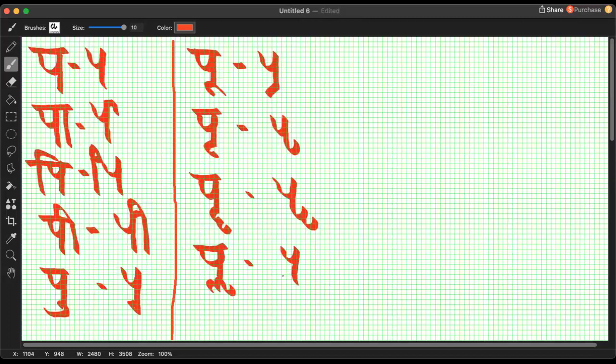One, you add this with the Sharda alphabet at the bottom, or you can also write it like this. This is Lr.